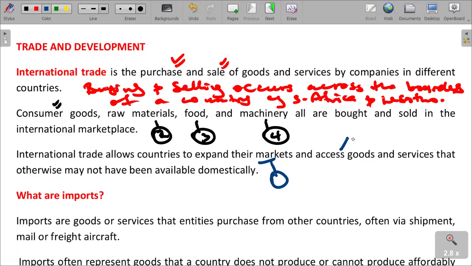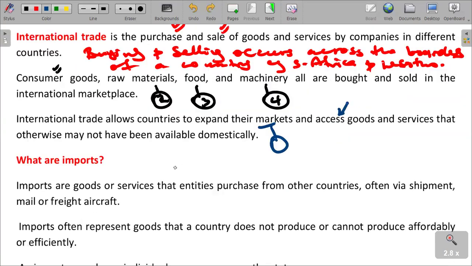They are able to enter into markets where goods and services that are otherwise not available in their local market can be found. So businesses, companies, individuals, the corporate world, or the country as a whole, is able to expand its market and access goods and services that are otherwise not readily available within their domestic, local market. That is the concept that we need to understand as an introduction to international trade.